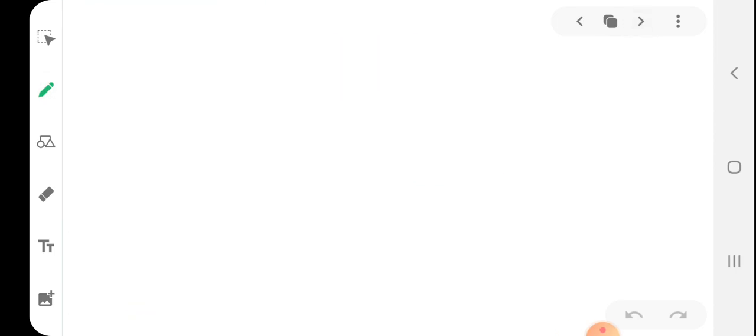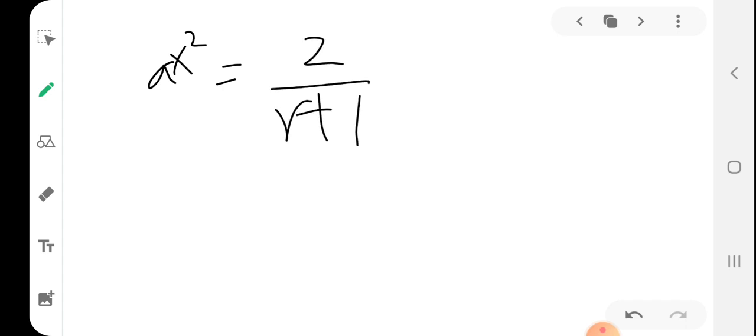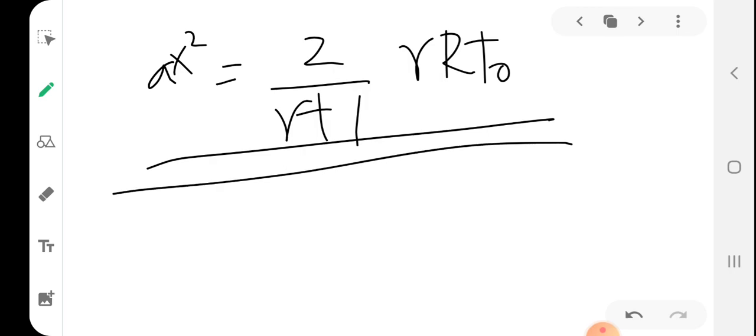Again I can write a star square equal to 2 by gamma plus 1 times a0 square. How can you write a0 square? Root gamma R T0 is a0, so a0 square is gamma R T0. This is another form of a star square.